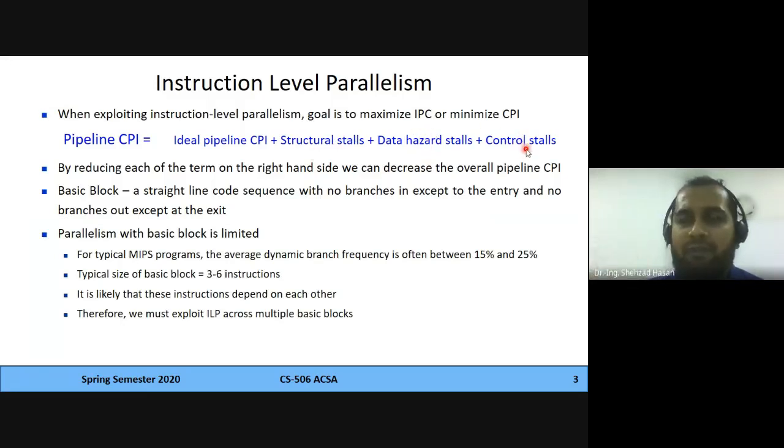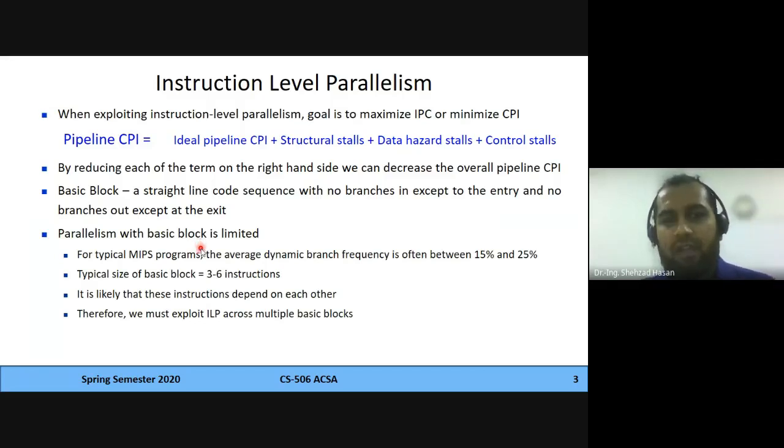So there would be some stall cycles left, and that is going to increase the CPI, but our goal is to minimize the CPI. So we want to fill in these gaps, but we need instructions for filling them, and we need instructions which can be run before the instructions that are written earlier in the program order.